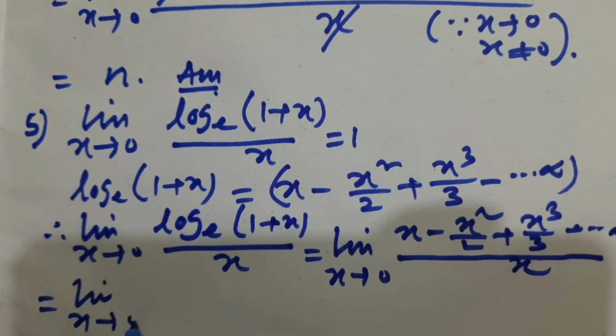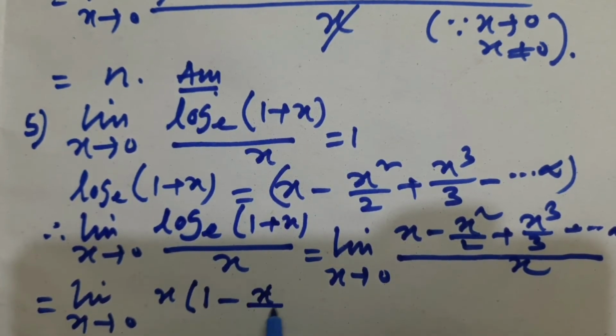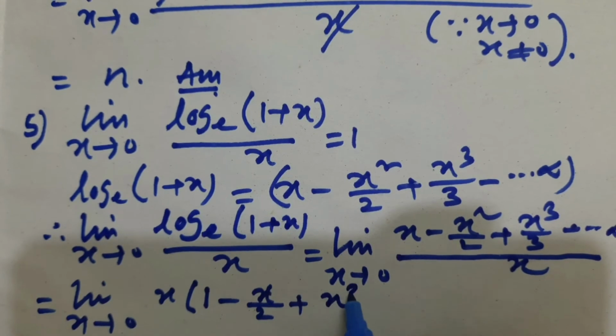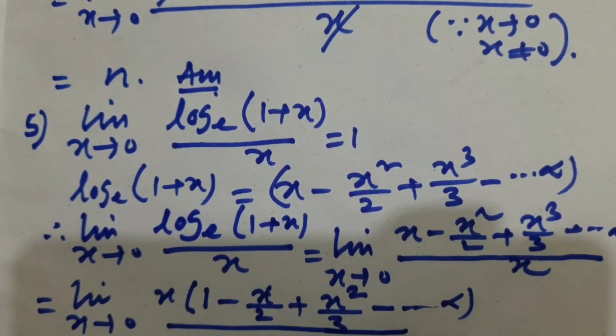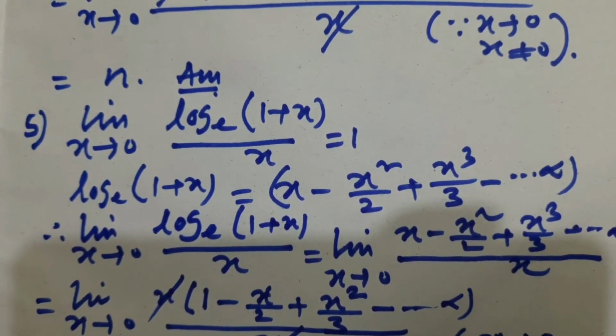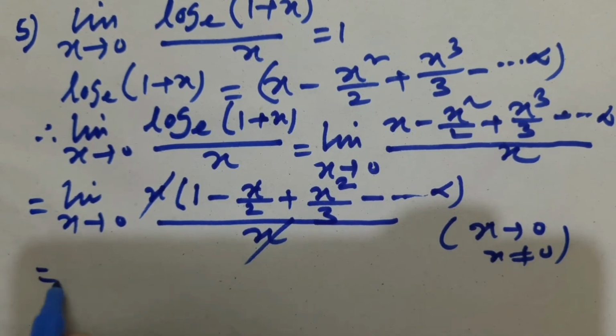Take common x, then here is 1, here is x by 2, here is x squared by 3, all divided by x. These x are cancelled, since x tends to 0, x not equal to 0. Okay, so therefore put x approaching 0 in each term, so we get here only 1.